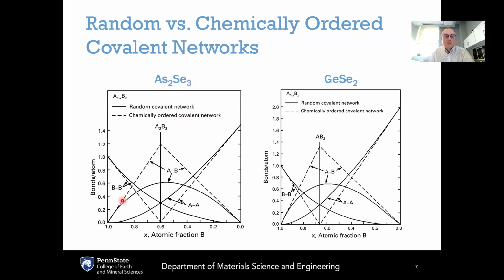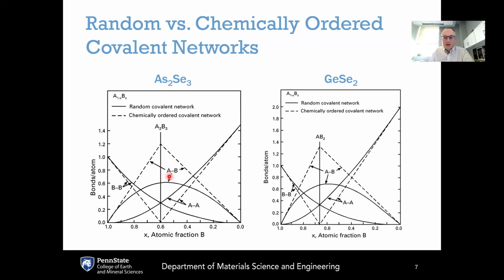And that would give this different extreme behavior here, which is the dashed lines showing that if you have pure chemically ordered covalent networks, you'd get this different type of scaling. So if you see here, for example, this type of bonding between unlike species, arsenic to selenium, you'd have a lot more of that in the chemically ordered case compared to the random case.